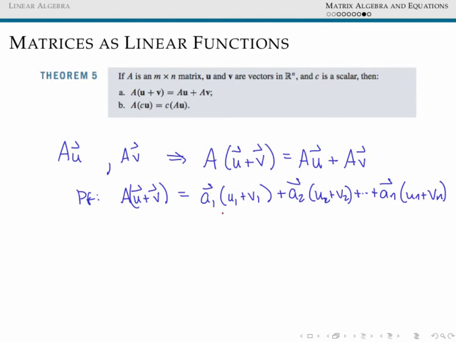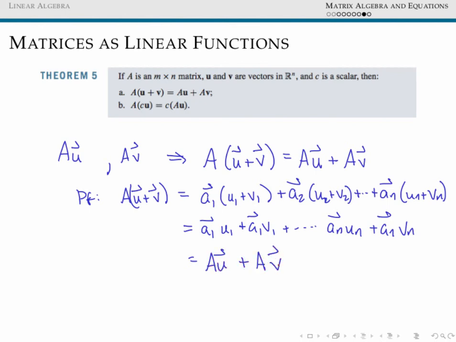And now that we're just looking at scalar multiplication times a vector, it's much easier for us to see that this can translate back to a1u1 plus a1v1 down to anun plus anvn. So that's exactly, after rearranging terms, we can see pretty directly that this is A of u plus A of v.